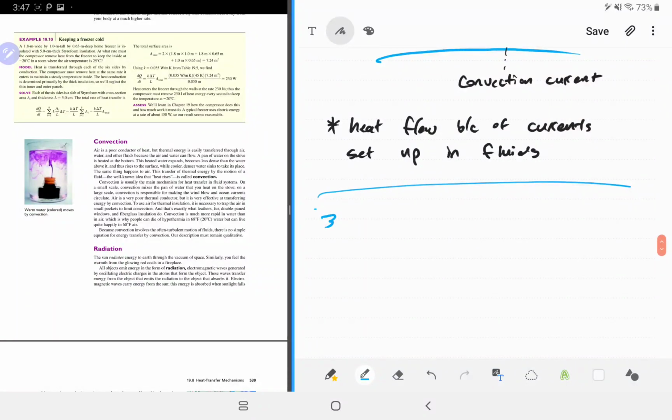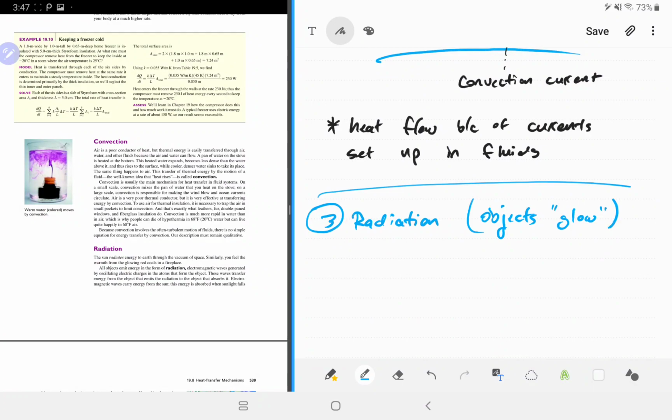Okay, the last one that we want to talk about is radiation. So to quickly sum up radiation, what that is, it's that any object at any temperature, objects glow. So this is more obvious when you heat up something.